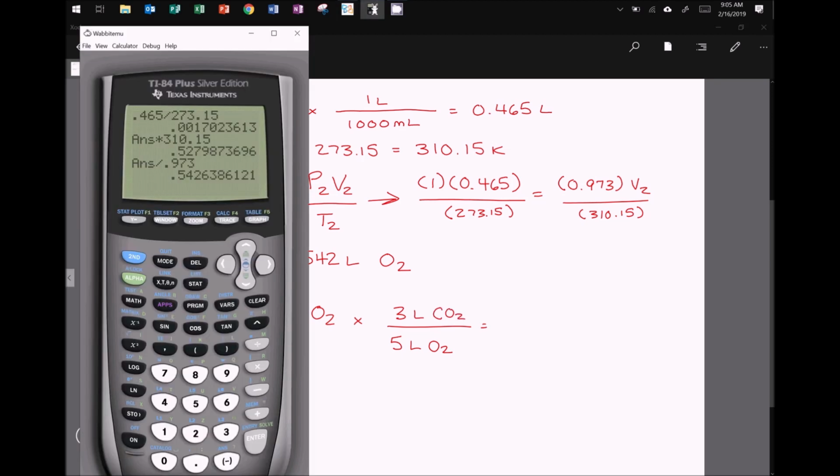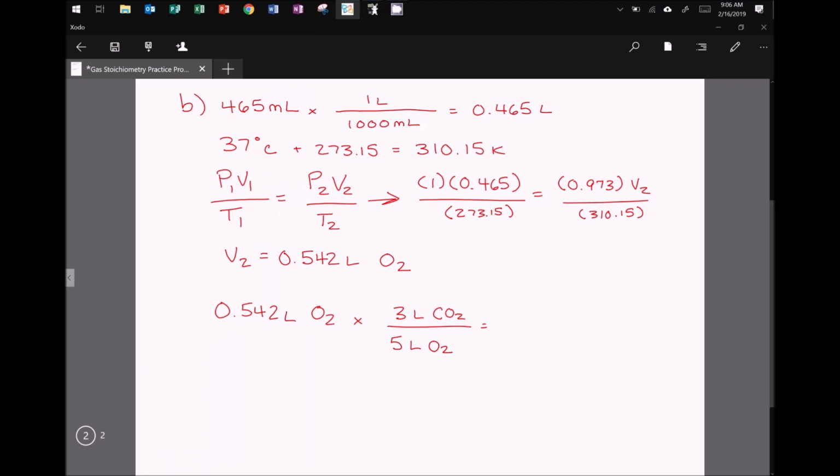And since I have that saved into my calculator from before, I'm just going to multiply that by 3 over 5. And that gives me 0.325 liters, or 0.326 to be more exact, liters of CO2. All right, and that's how we do question 3.